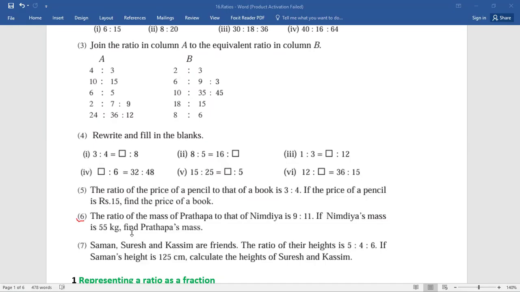I need the full, complete answer. Just the answer is enough. 2 kilograms, 3 kilograms, 5 kilograms. Viruti, can you send me the answer, please?